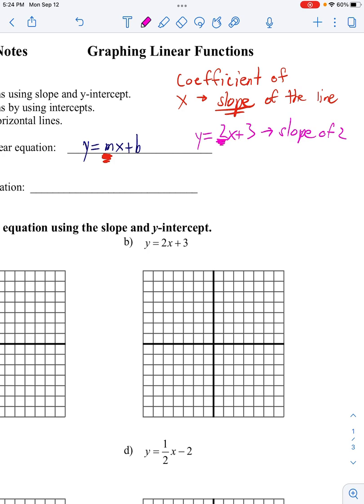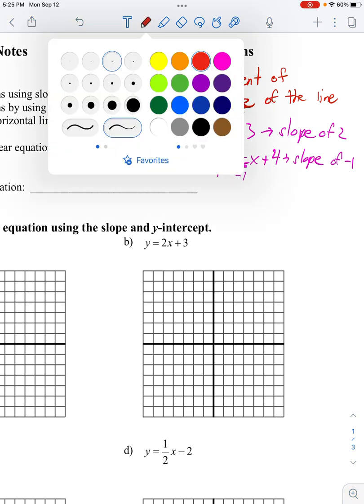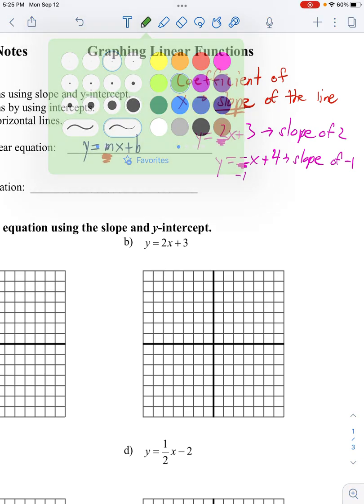Or y equals negative x plus 4 has a slope of negative 1, because the number right next to x is negative 1. That's the slope in slope-intercept form.